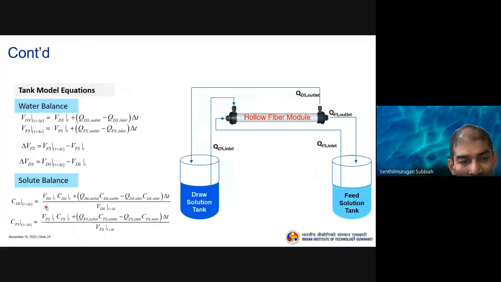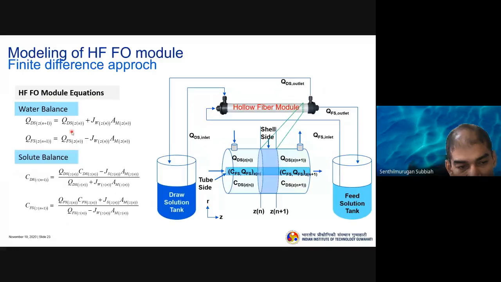So if you look, these equations are discretized applying a finite difference method. So what is the finite difference method? If you talk about this particular equation where we are writing about the Z direction, there is a variation in the Z direction, and that is getting discretized for every single element. Okay, that is the meaning.